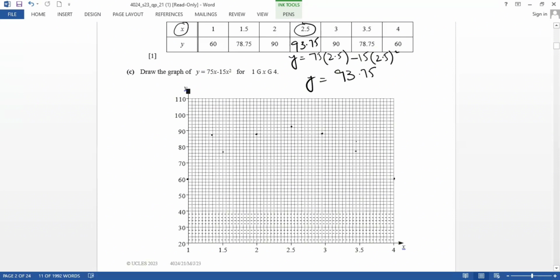So we'll make a smooth curve. Join the points and form a parabola.